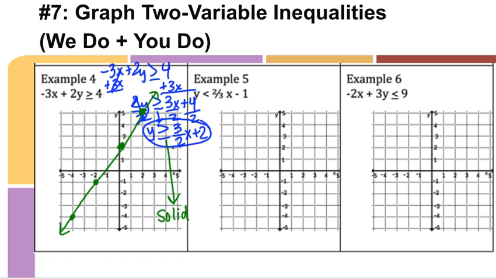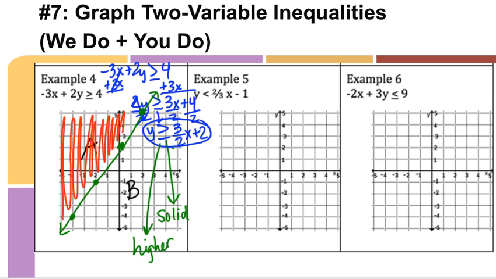And then I ask myself, if this is greater than, then do I shade higher or lower? I know I'm going to shade higher. So again, you can use this method as well. If you see section A and if you see section B, which section looks higher? Is this section A?